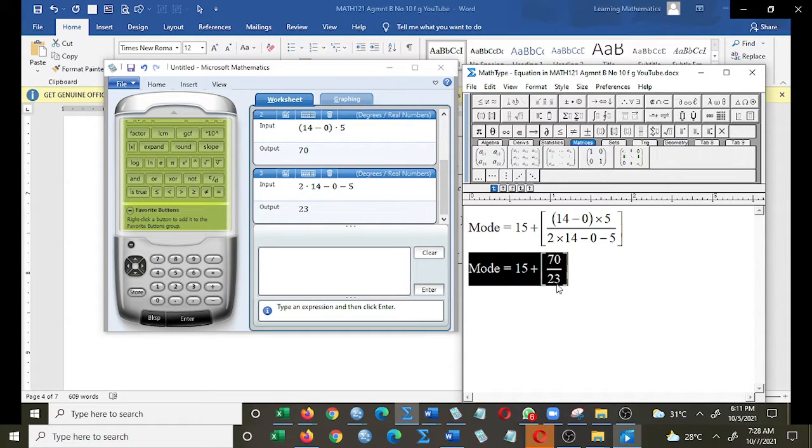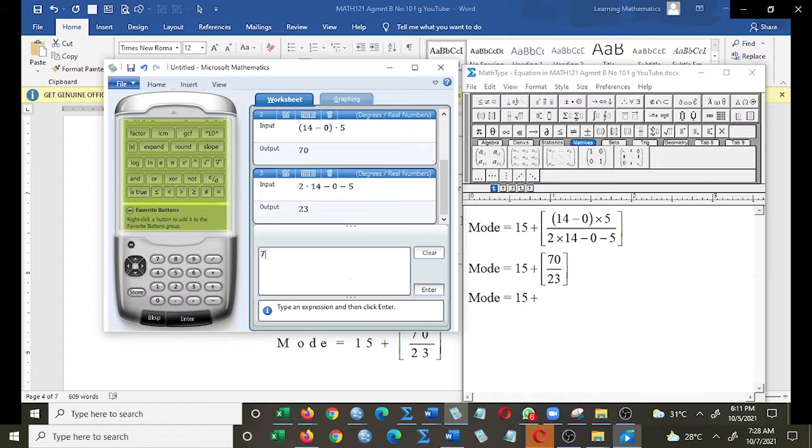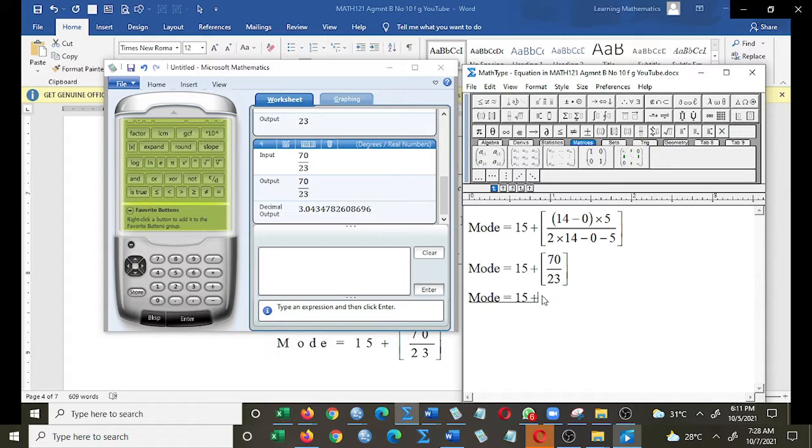What is 70 divided by 23? 47? Say that again? I get 3.04. 70 divided by 23, I get 3.04.